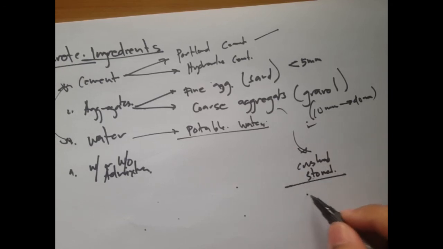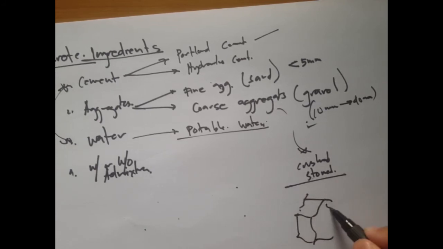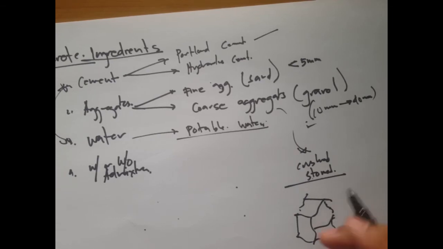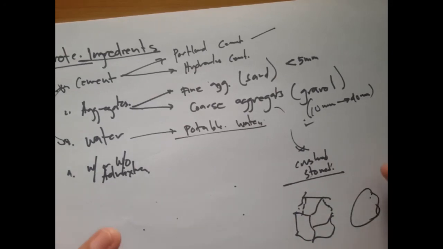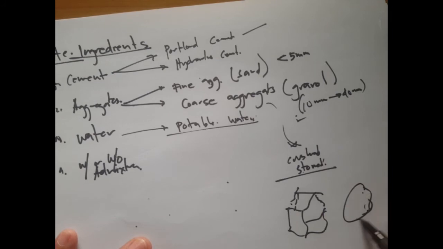These are aggregates with a lot of sharp edges, because they're crushed in a machine, so that's why they're called crushed stone or crushed aggregates. Instead of smooth, rounded gravels, they increase the surface area. So crushed stones are also available.